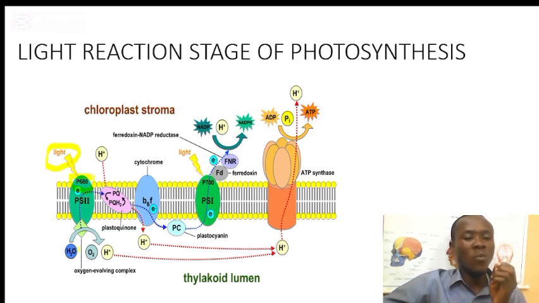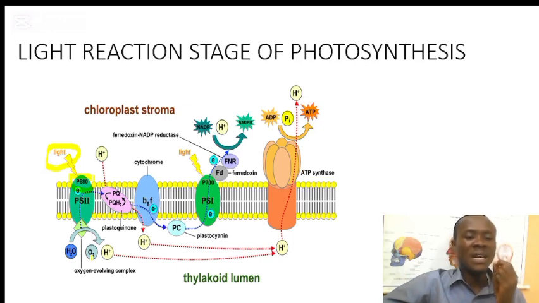The water molecule in the leaf will be split into oxygen and hydrogen ion. The process in which a water molecule is split into oxygen and hydrogen ion is what we call photolysis. Photo means light, lysis means to break.